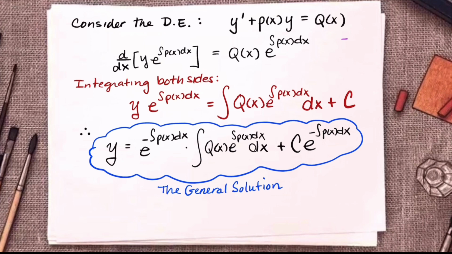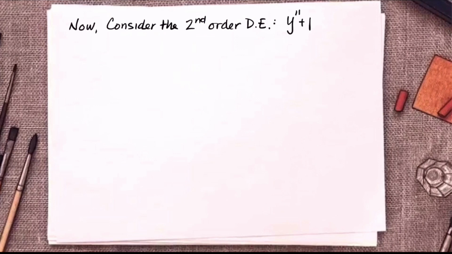So now, if we were to consider, say, a second-order differential equation, one such as y double prime plus some constant times y prime plus a different constant times y equals 0. We'll start off with something homogeneous. And that is with constant coefficients in this case.